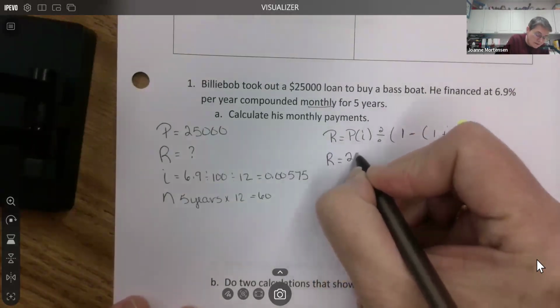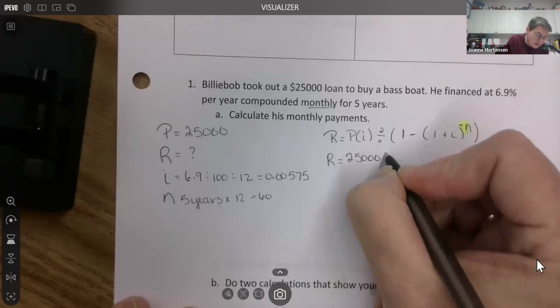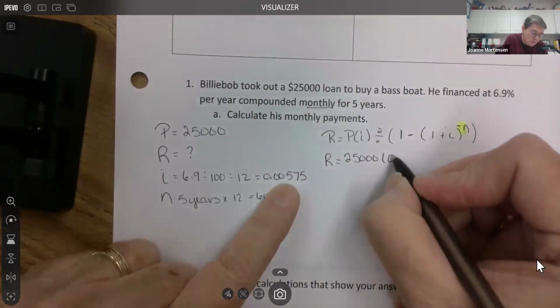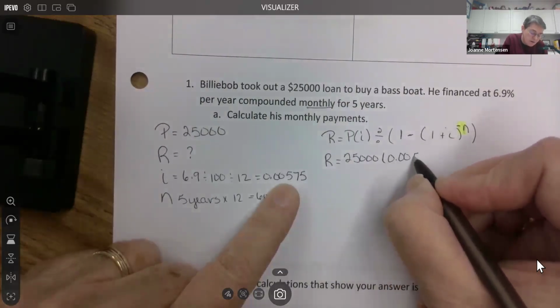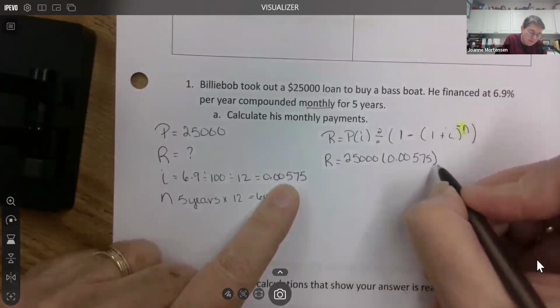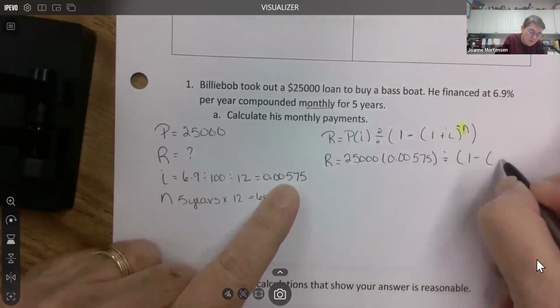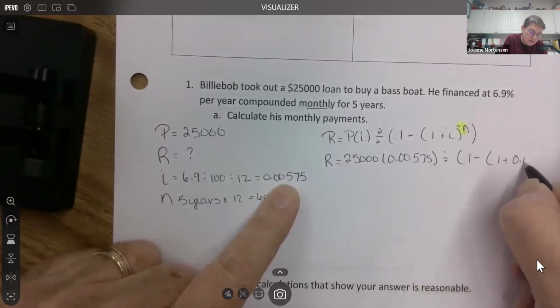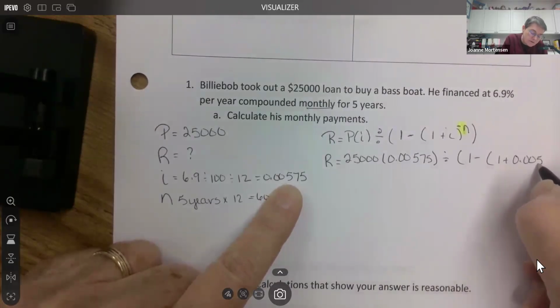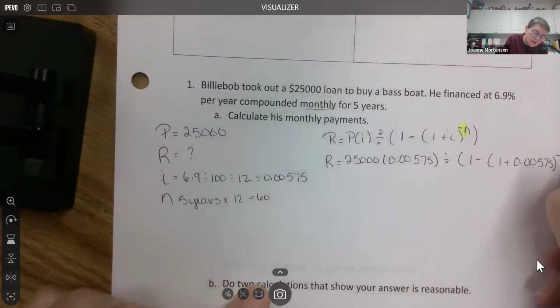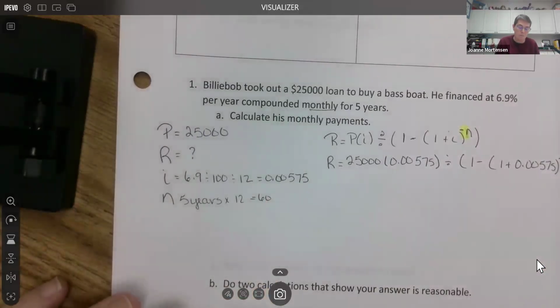Okay, so 25,000 times my interest rate, 0.00575, divided by 1 minus 1 plus 0.00575 to the minus 60, close my bracket.